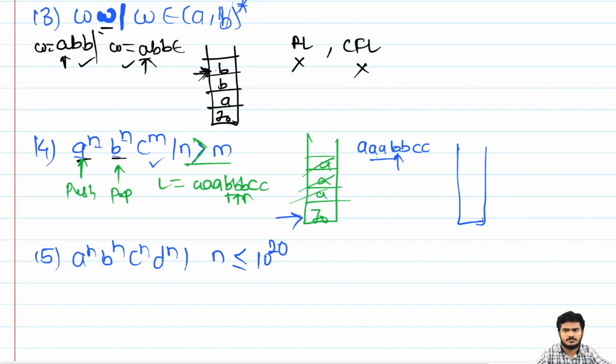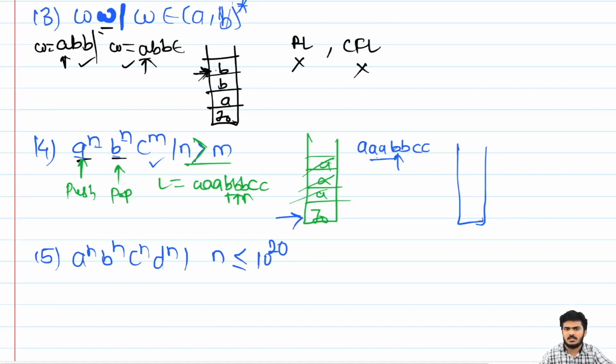Now we can see that we are not able to compare whether n was greater than m or not, because we are only left with z0 when c occurs, and the stack contains nothing except z0.